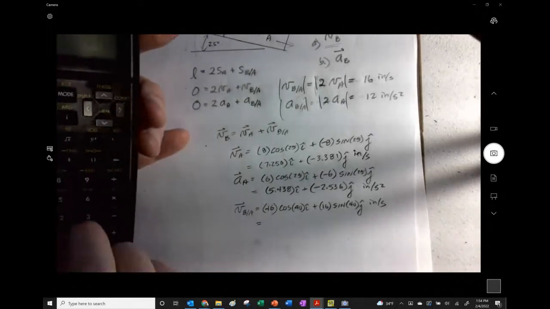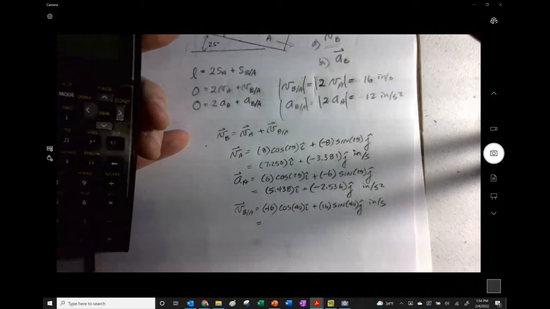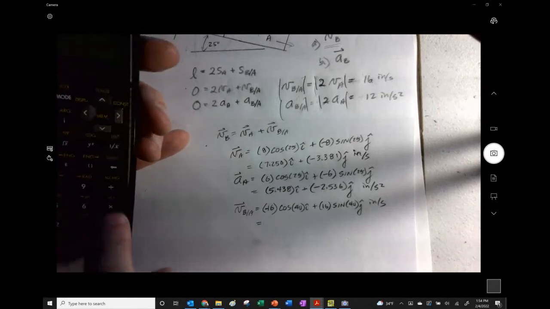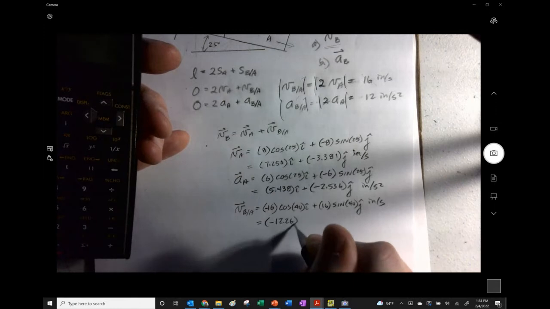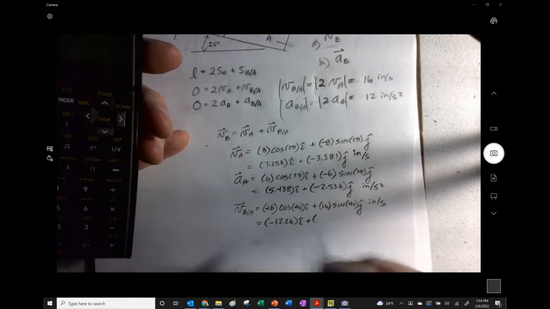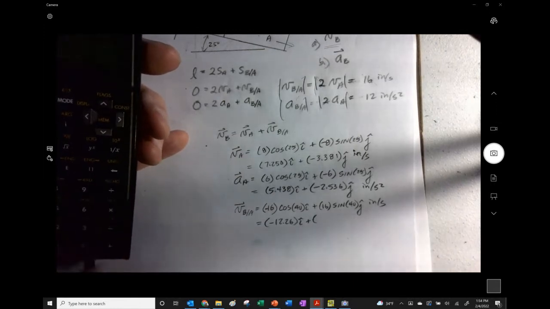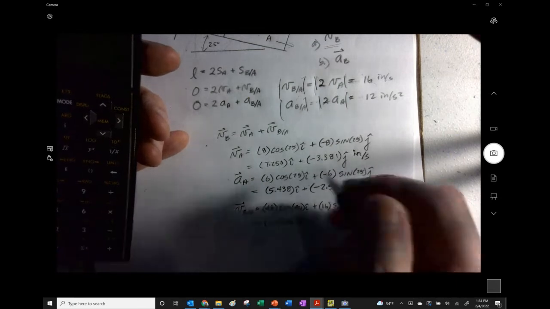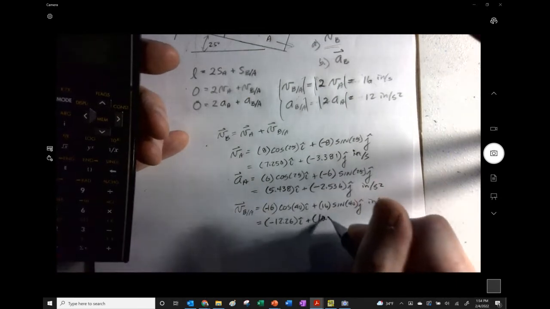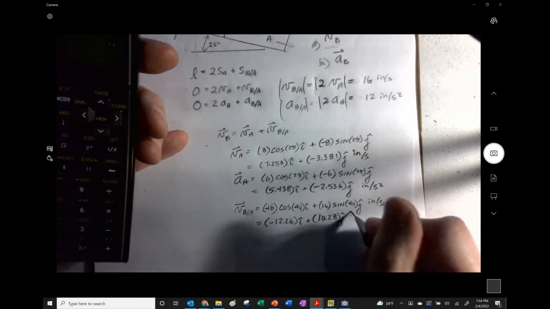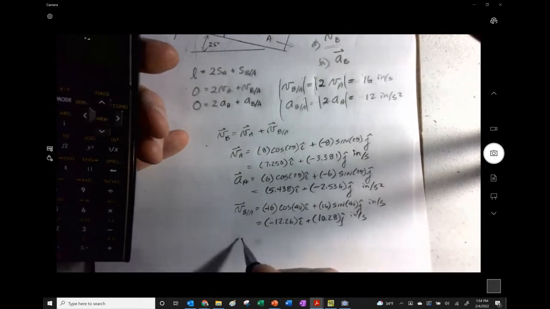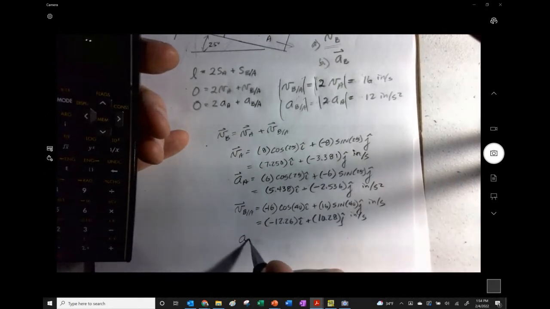So 16 times 40 cosine, I'm going to get a negative 12.26, let's call it, and 16 of 40 sine times, we're going to get a 10.28j. And then lastly, acceleration of B with respect to A, 12.